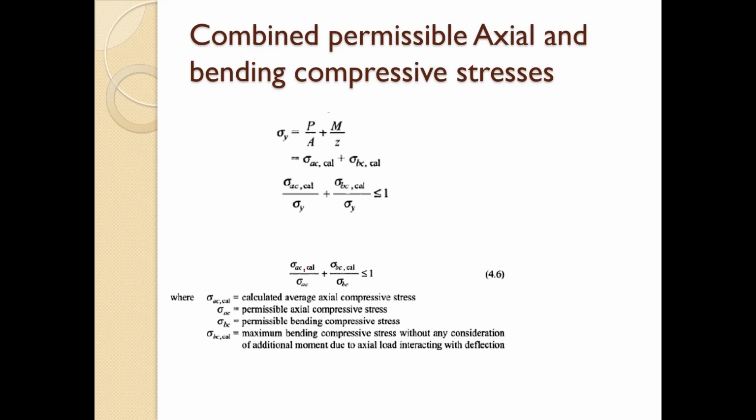Here we can modify this equation: sigma AC calculated by sigma AC plus sigma BC calculated by sigma BC should be less than 1. These are the permissible axial compressive stress and permissible bending compressive stress, and these are the calculated axial compression and calculated compression due to bending.